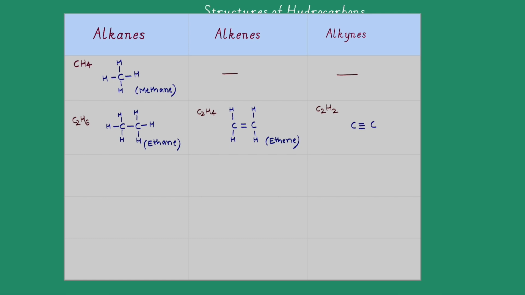Already three bonds are over between carbon and carbon. There should be four bonds around the carbon, so one more will be there between carbon and hydrogen. Similarly, on the second carbon also, one more will be there between carbon and hydrogen. This is the structure of ethyne.